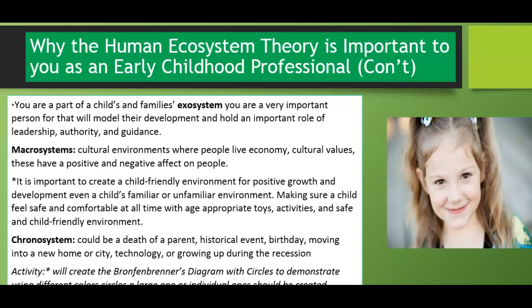These are different events that bring some type of influence in the child's life, or give them some type of experience that they can learn life's lessons on. So these are the systems which come from Bronfenbrenner's ecological systems.